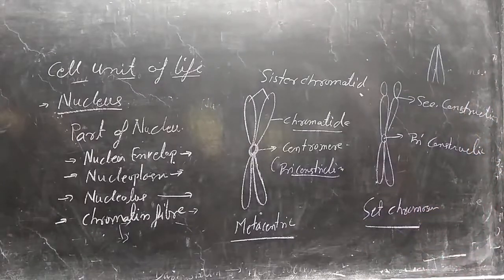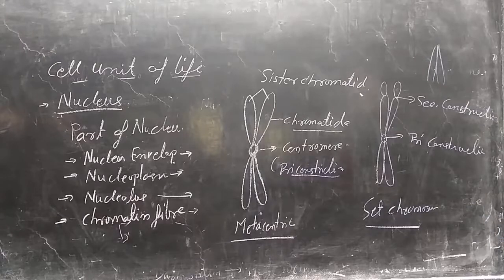It is not present in all the chromosomes, and this portion where the secondary constriction is present is known as the nucleolar organizer. This means the chromosome also helps in the formation of the nucleolus after cell division.